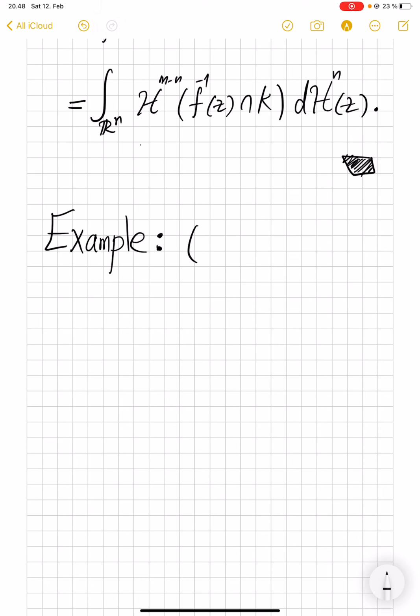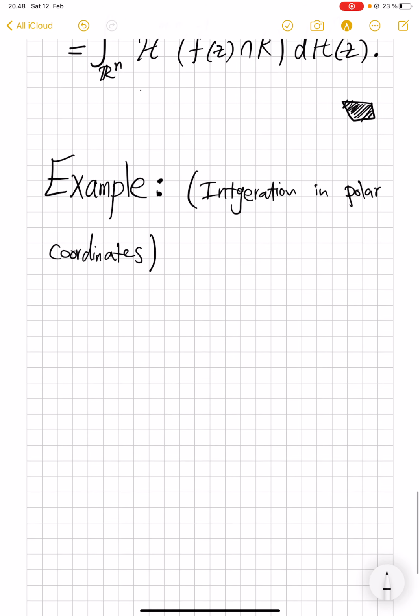What we want to do is go back to integration in polar coordinates. In my video 2, I actually showed you how it follows from the Coarea formula. So what you do is you have as your R^m, you have R^2.